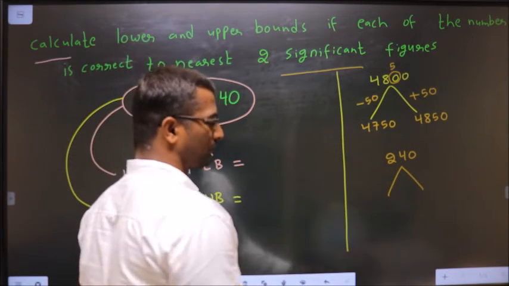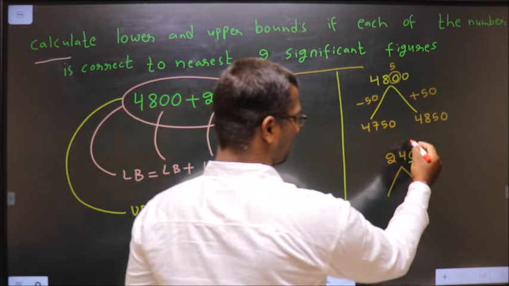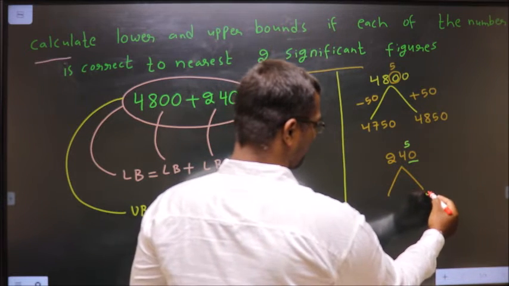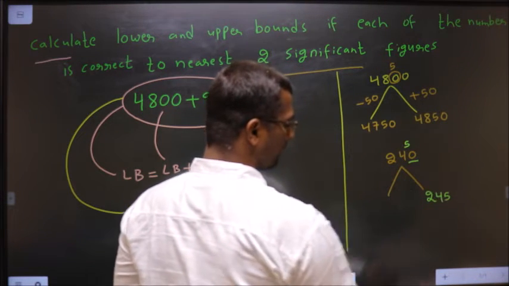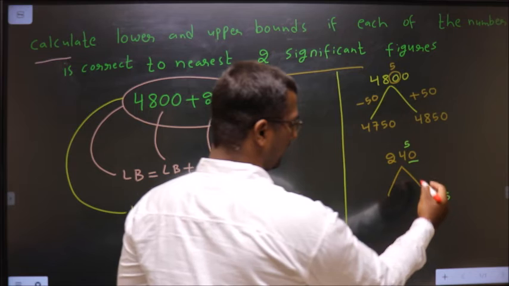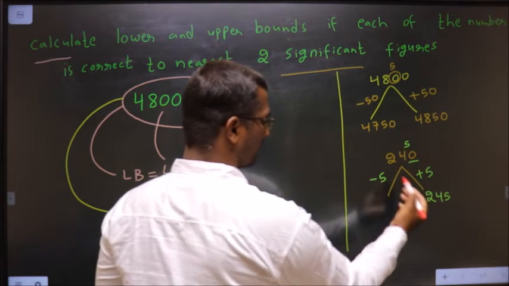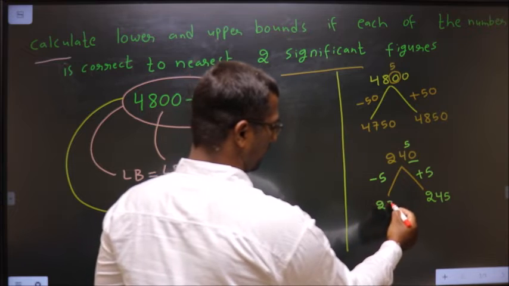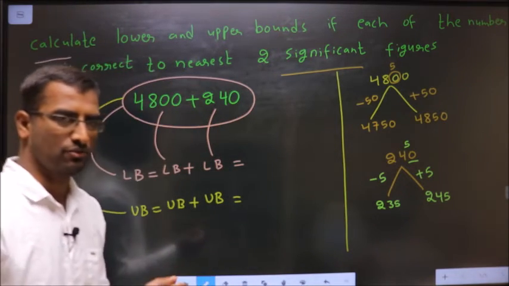For me to make this into three significant figures, here it has to be 5. It should be 245. So 240 should become 245 only if I add 5. Whenever I am adding 5, I should also subtract 5. So I get 235. Clear? Now the next one.